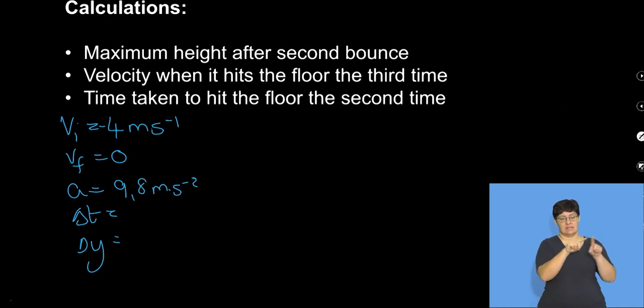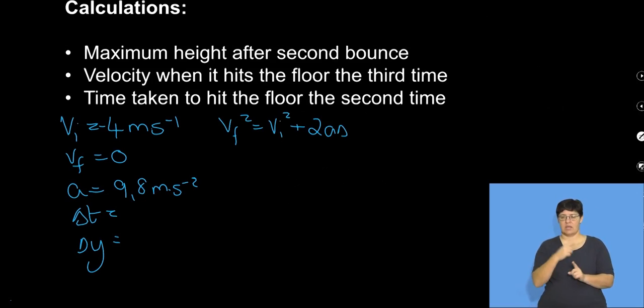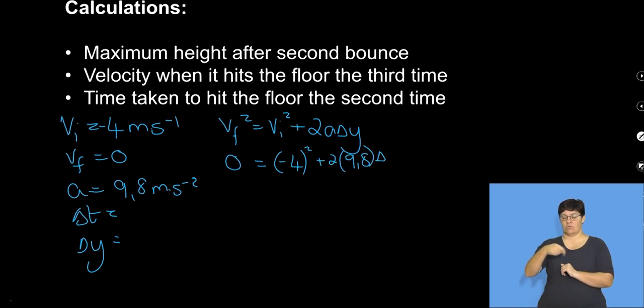So we've done this more than once. And we go Vf squared equals Vi squared plus 2a delta y. Oops, don't forget the square. Delta y, that's 0. And this is minus 4 squared plus 2 times 9.8 delta y. 4 squared is 16.